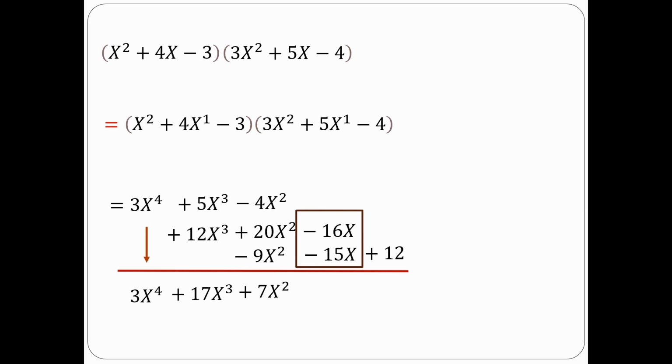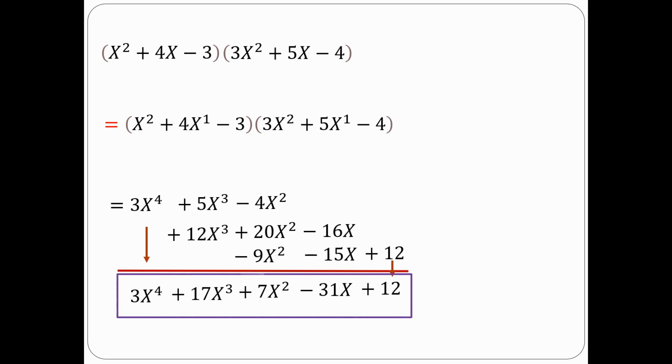Then we add negative 16x and negative 15x, and that will give us negative 31x. Lastly is to bring down the positive 12. So the final answer is 3x to the fourth plus 17x cubed plus 7x squared minus 31x plus 12.